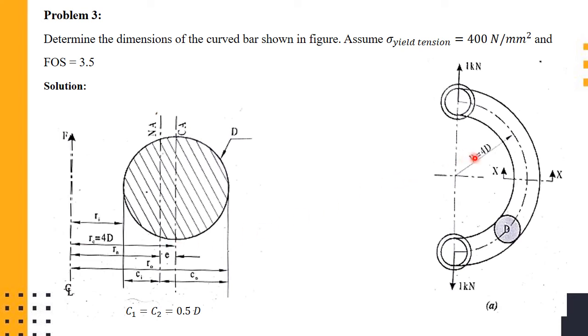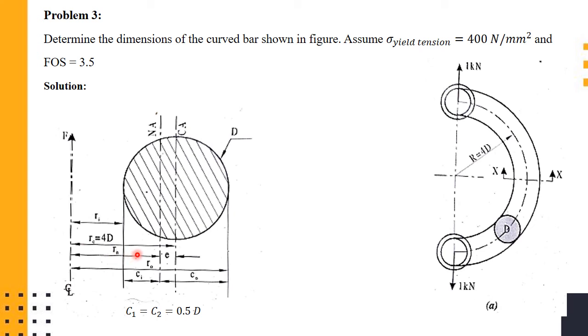But Rc is given in the problem. Rc is nothing but 4 times D. This is the center axis, and that is nothing but the centroidal axis in the case of circular cross section. So Rc will be 4 times D, and Rn is the radius of the neutral axis with respect to the center of curvature. Right?